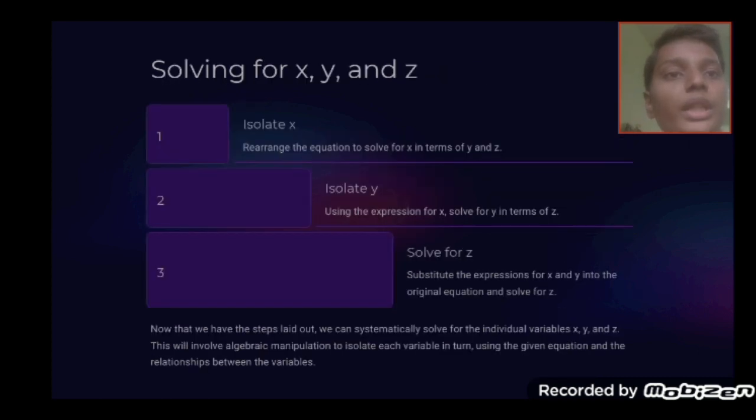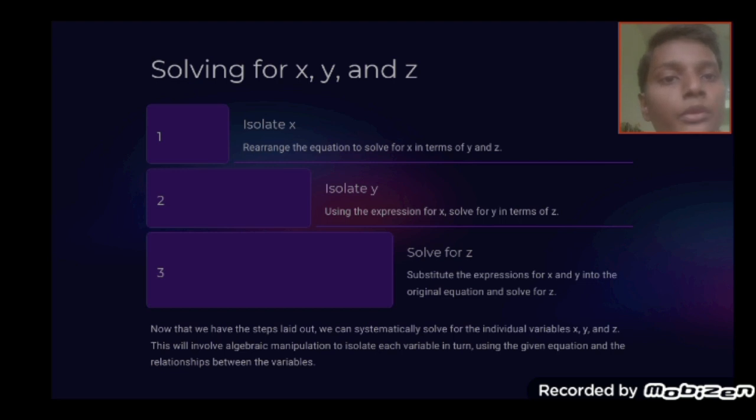Solving for x, y and z. First one, isolate x: rearrange the equation to solve for x in terms of y and z. Second, isolate y: using the expression for x, solve for y in terms of z. Third, solve for z: substitute the expressions for x and y into the original equation and solve for z.